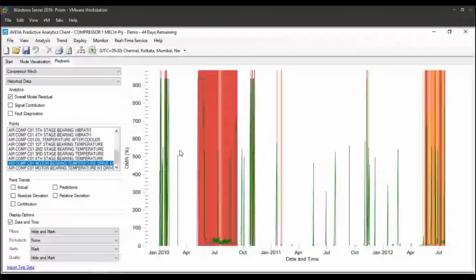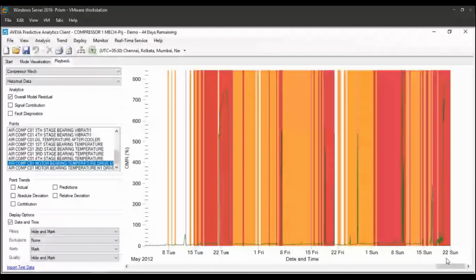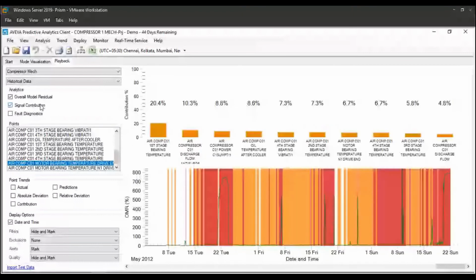Like I was telling earlier, this is what the basis of these OMR deviations is. Now, if you want to conduct a similar analysis for another time period, let's zoom over here, and we can see that there were multiple alarms. Red indicates a high alert, and orange indicates warnings. We then want to drill down on what the various variables are that led to this.